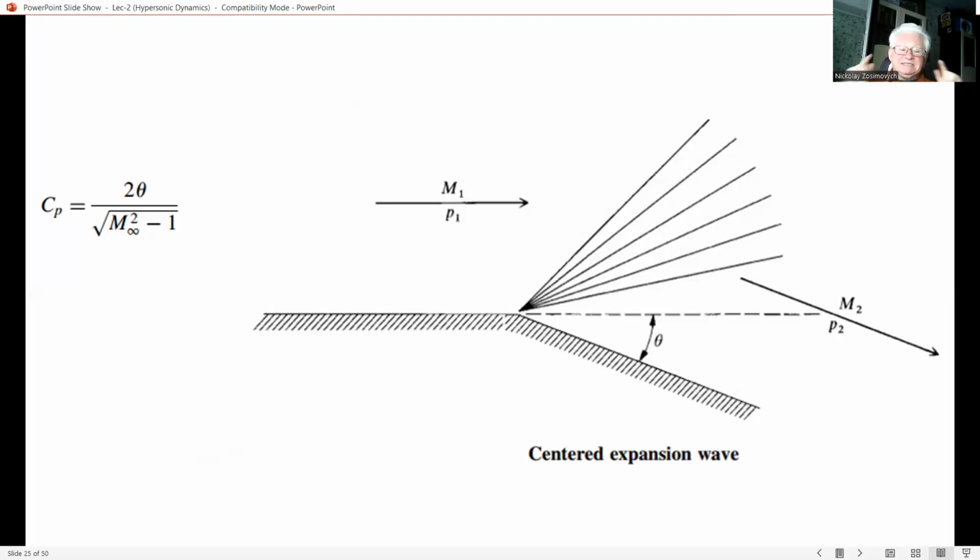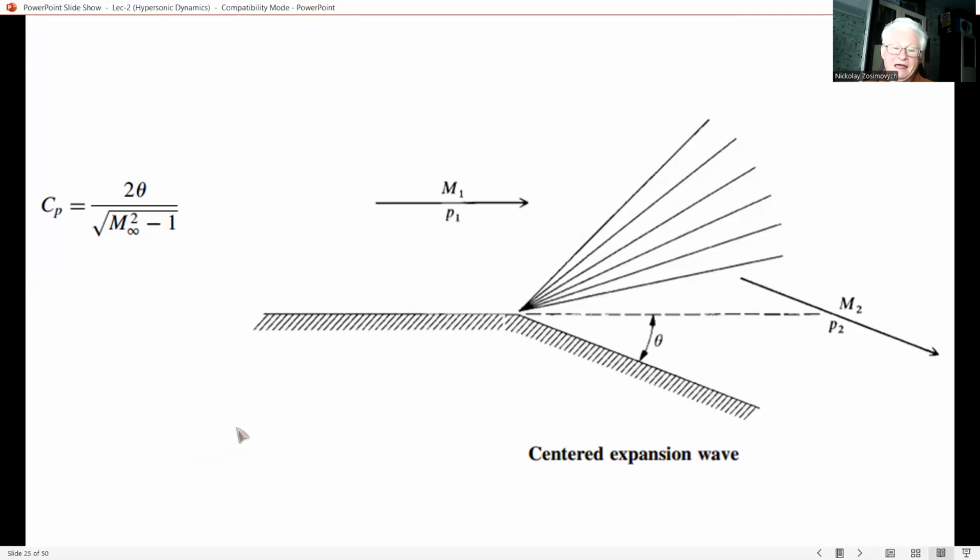Indeed, there are several such methods that apply to hypersonic bodies. And the purpose of our lecture is to present these methods. And finally, examine the roadmap given on this figure.